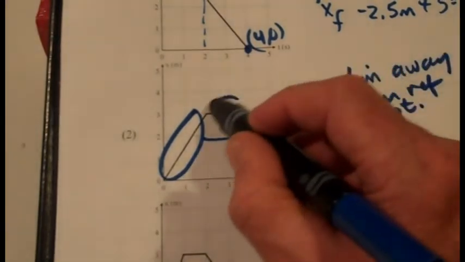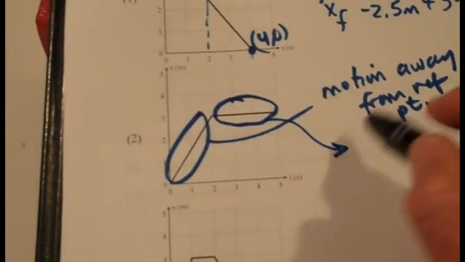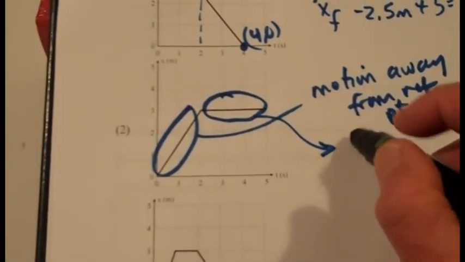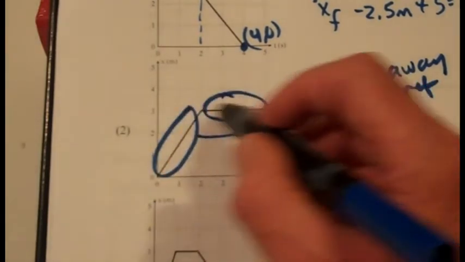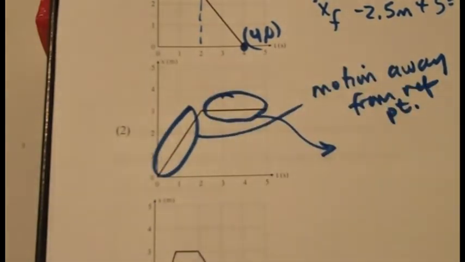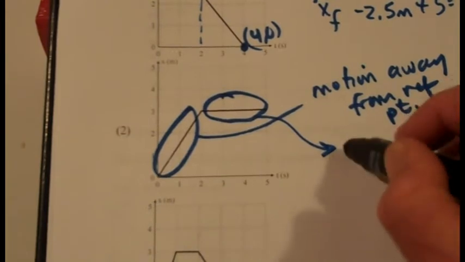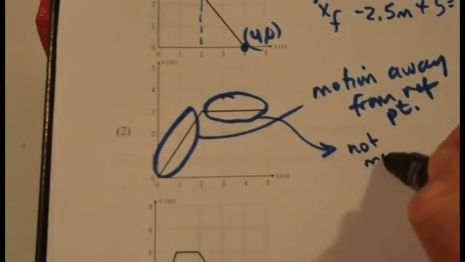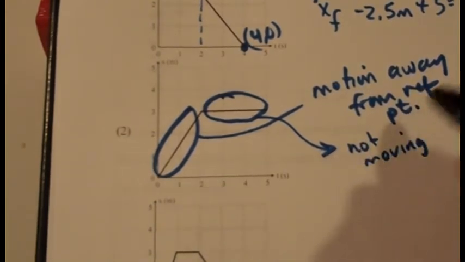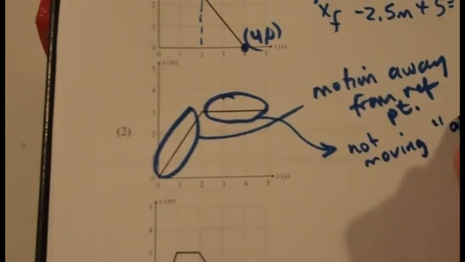And then the horizontal would be an object that's not moving. So the object's staying at that position, but the object's not moving. In physics lingo, we say the object's at rest.